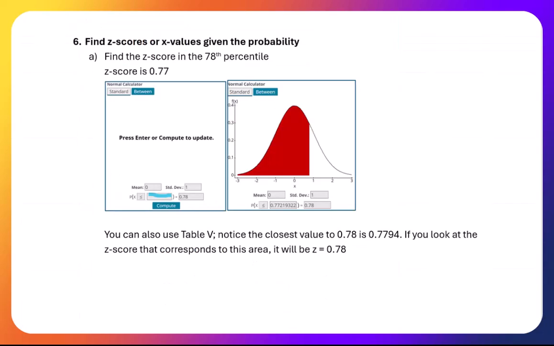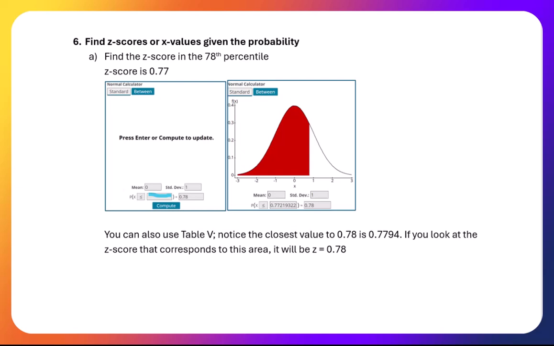Now, what if he gives you the area and wants you to work backwards and find the z-score? In the previous examples, you were given the z-scores or the x value, and asked to find the probability of z being less than a number or greater than a number.